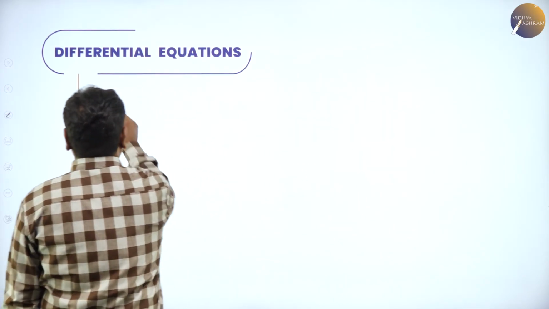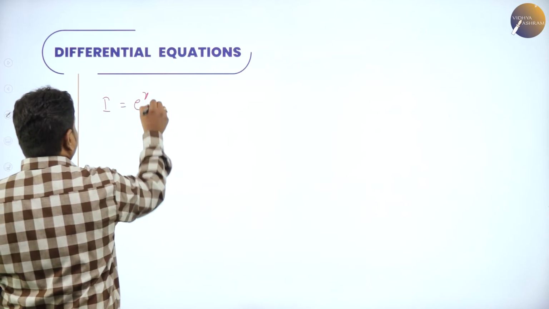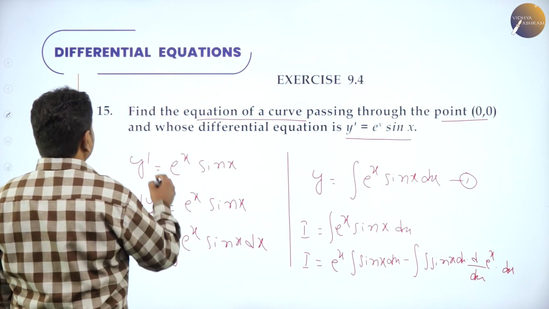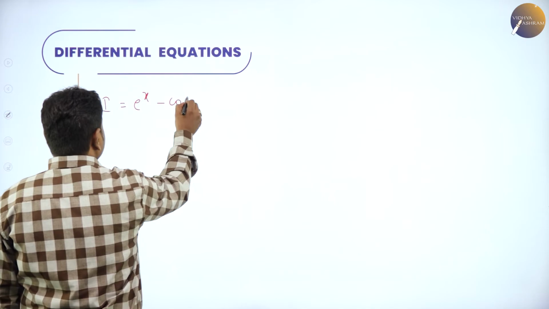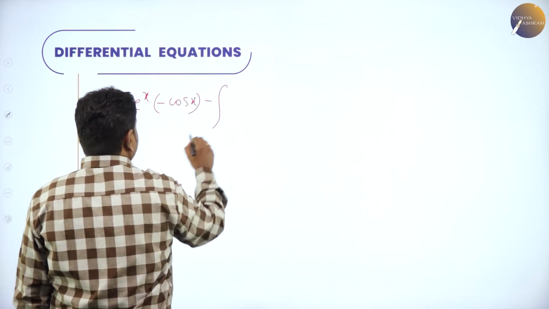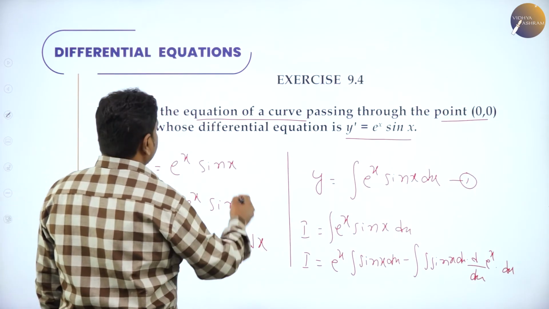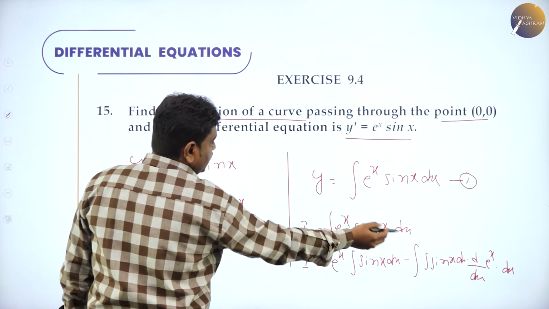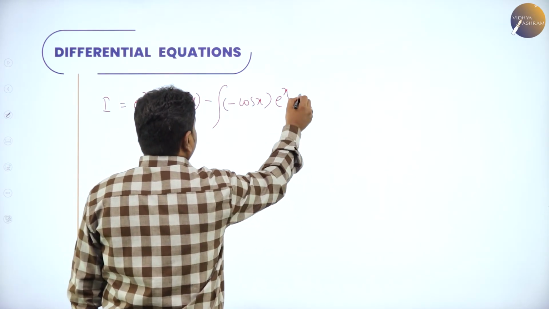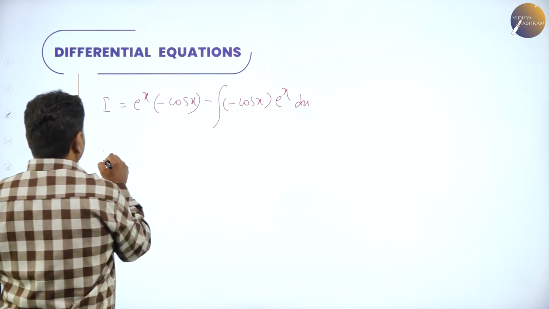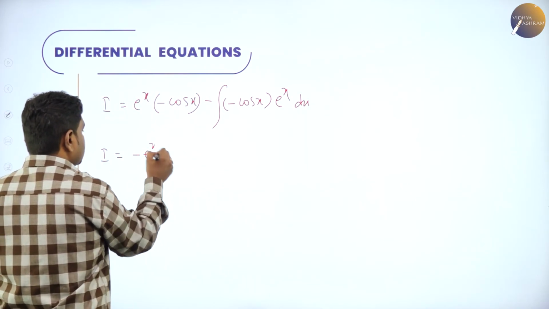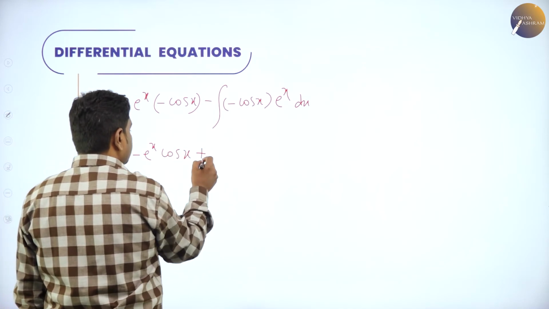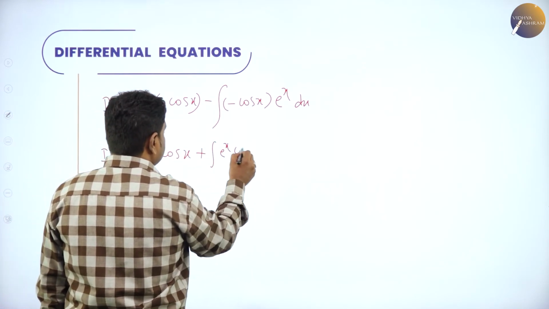Further, I is equal to e power x into integration of sin x, which is minus cos x, minus integration of minus cos x into d by dx of e power x, which is e power x, dx. Now further this can be written as minus e power x cos x, and minus into minus becomes plus e power x cos x dx.